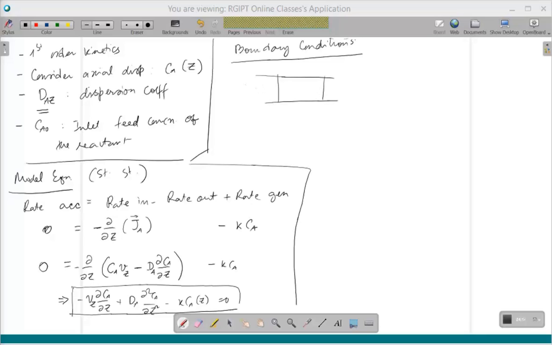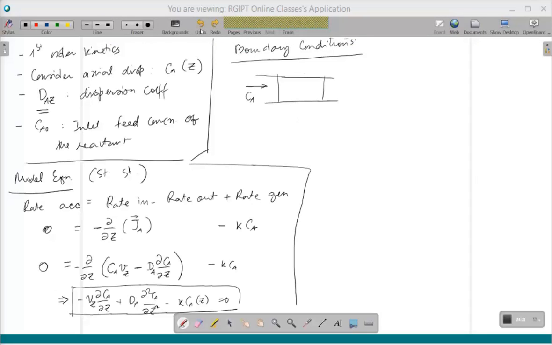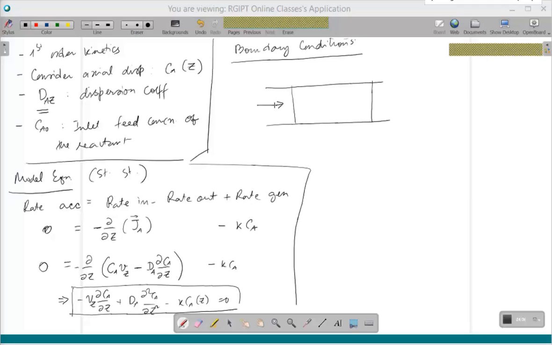You have something entering at constant concentration. You have a feed which is entering with some concentration C_A0. But something happens as soon as it enters this point.